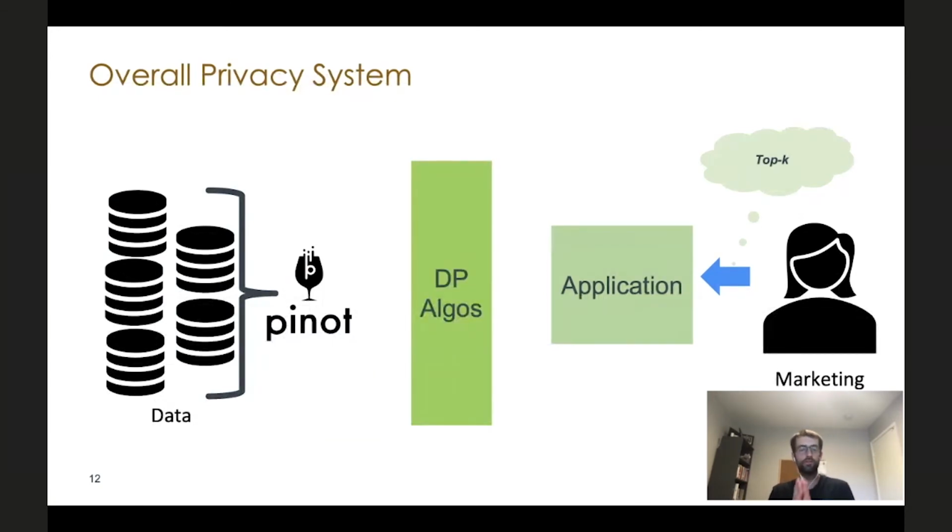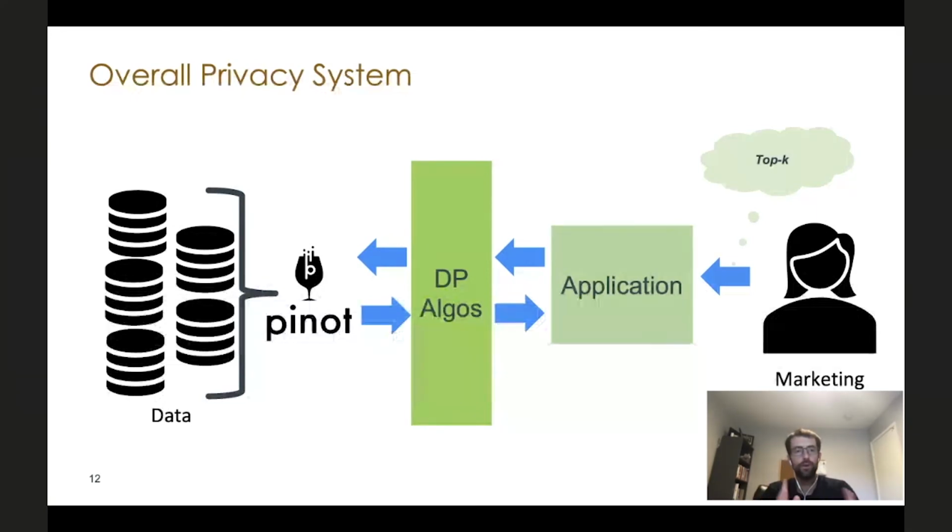And we want to introduce our differentially private algorithms here in between the application and Pinot itself. Rather than trying to modify the underlying data set, we want it to be a layer on top. So here the query will go through our differentially private algorithms, perhaps we'll translate it, and then once we get the result from Pinot, we will add noise in some clever fashion and give you the differentially private result.